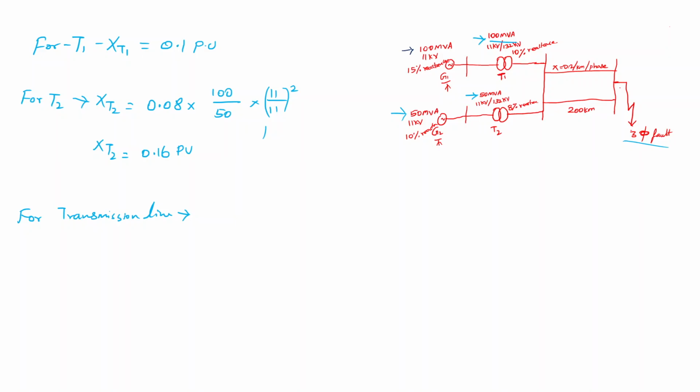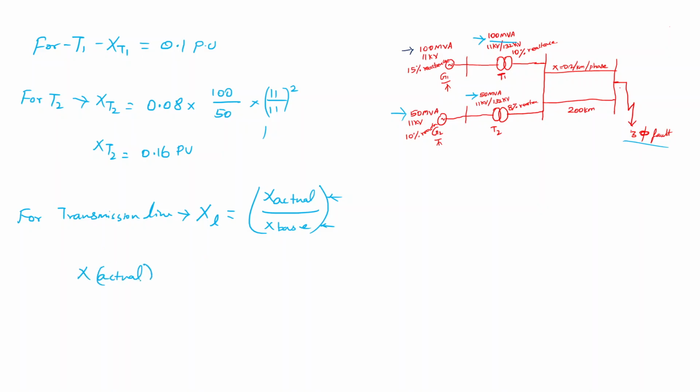So for XL, that is a transmission line reactance, the formula is X actual divided by X base. So we need to know what is actual and what is base value. First we will calculate X actual.